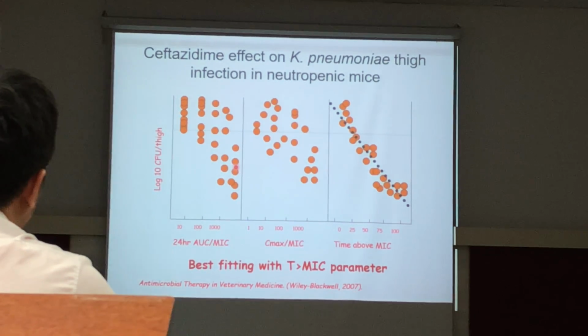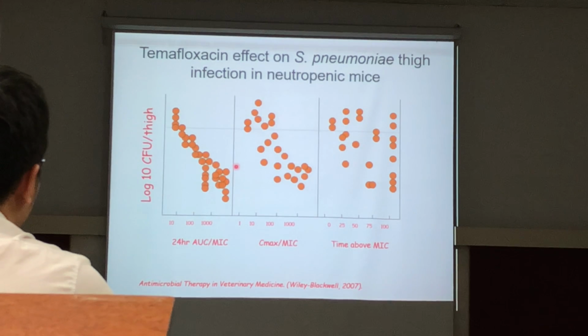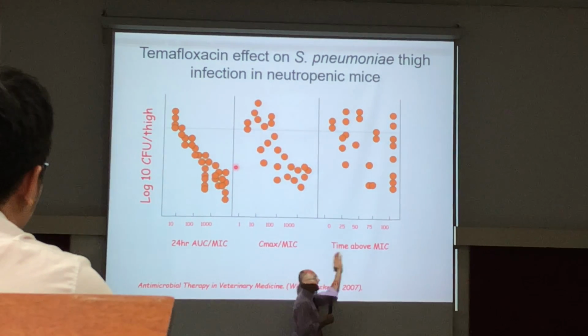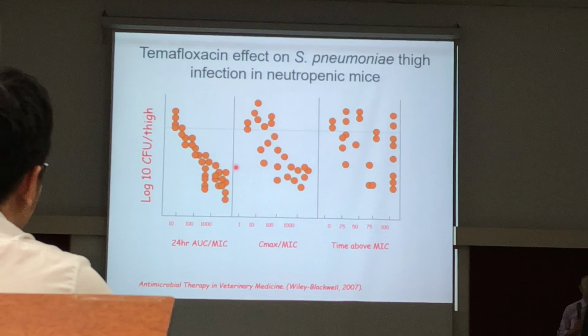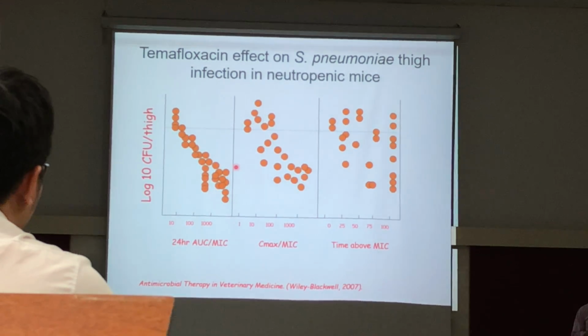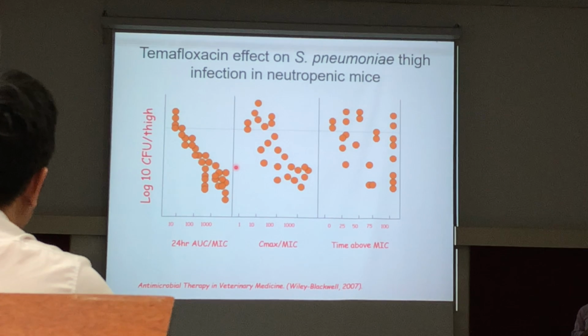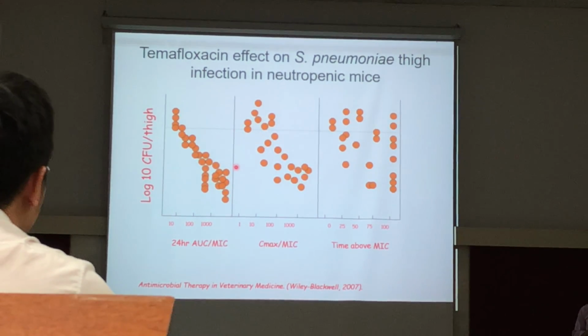Now, I'm sure that you are going to get this. Is this drug concentration and time dependent, concentration dependent, or time above the MIC, so time dependent? Same experiment. Come on. First, second, or third?